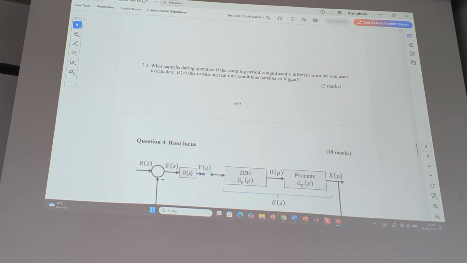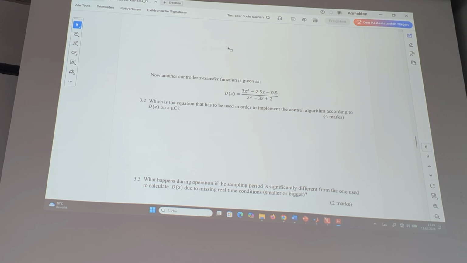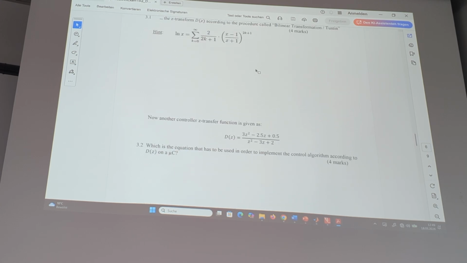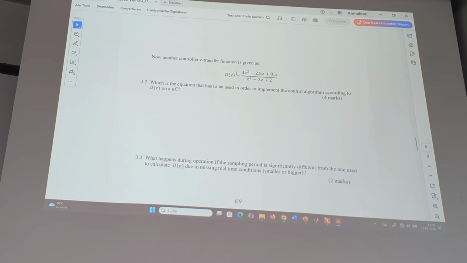And then the last one: what happens during operation if the sampling period is significantly different from the one used to calculate D of z due to missing real-time conditions, smaller or bigger? If I have defined 1 second, and then I implement the controller on my microcontroller, but I don't have a real-time operating system, the 1 second is not guaranteed.